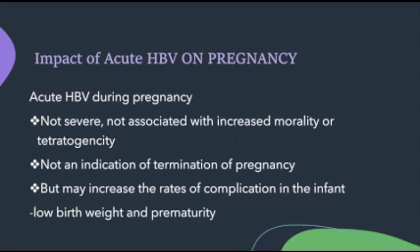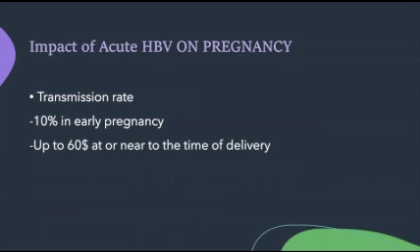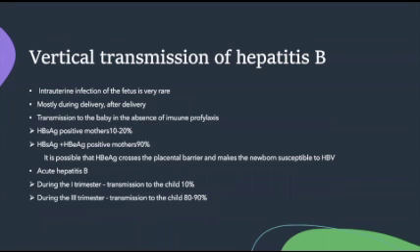It can be low birth weight and prematurity. Early in pregnancy, the transmission rate is 10%, and 60% at the time of delivery or close to the time of delivery. When it comes to vertical transmission, intrauterine infection of the fetus is very rare.